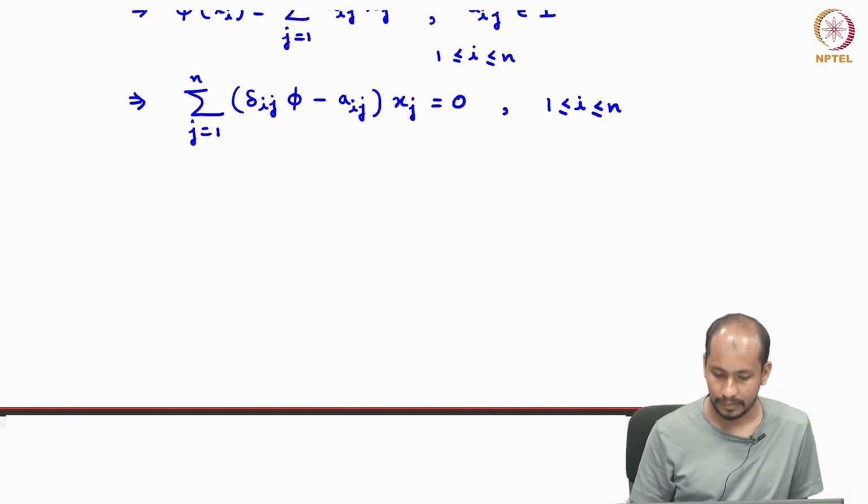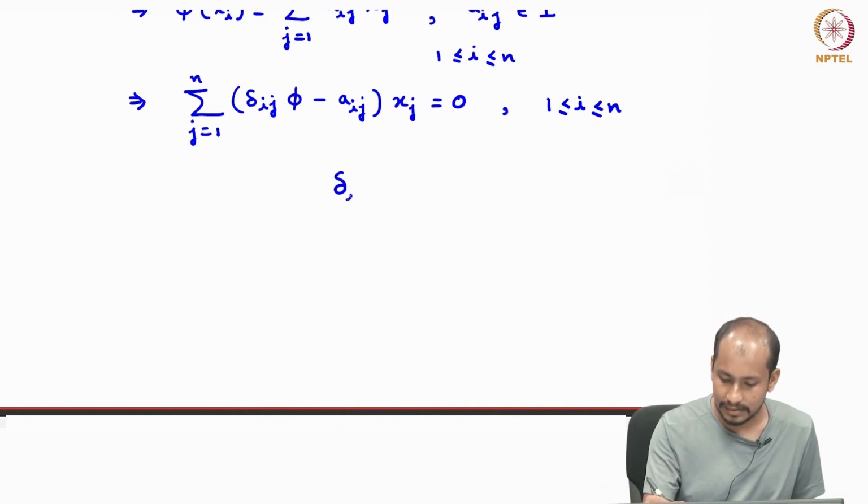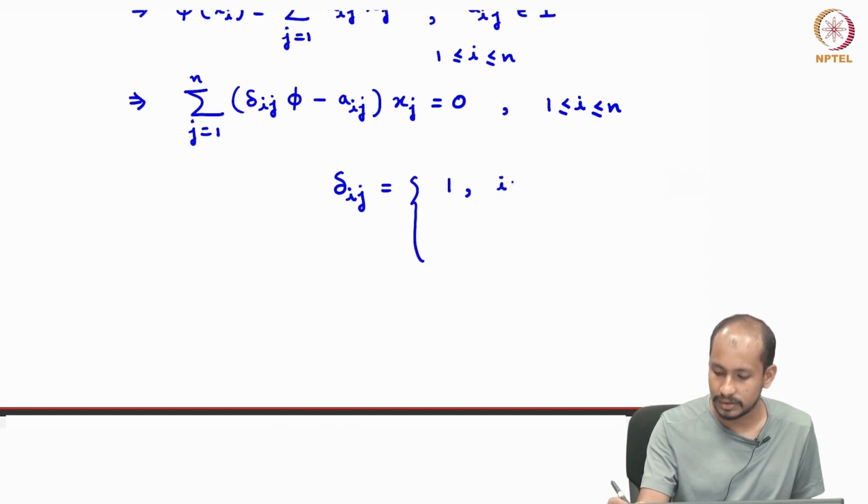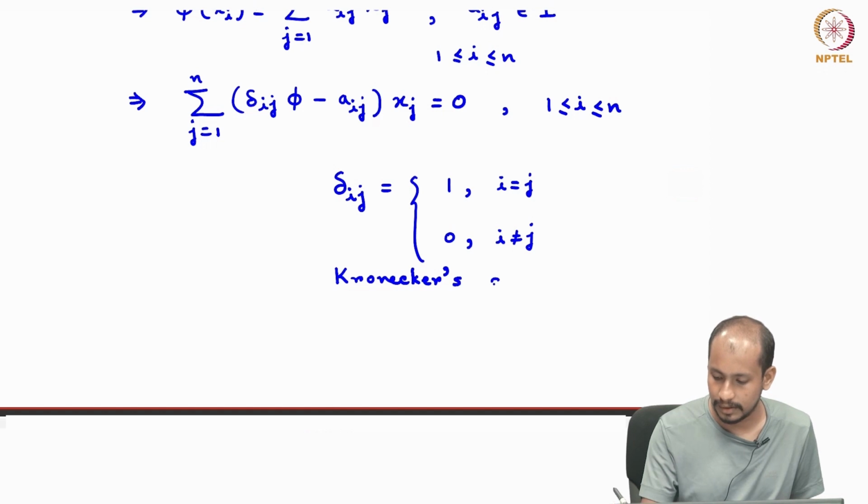Here this delta ij is the Kronecker delta, which means it is equal to 1 when i equals j, and equal to 0 when i is not equal to j. This is called Kronecker's delta.